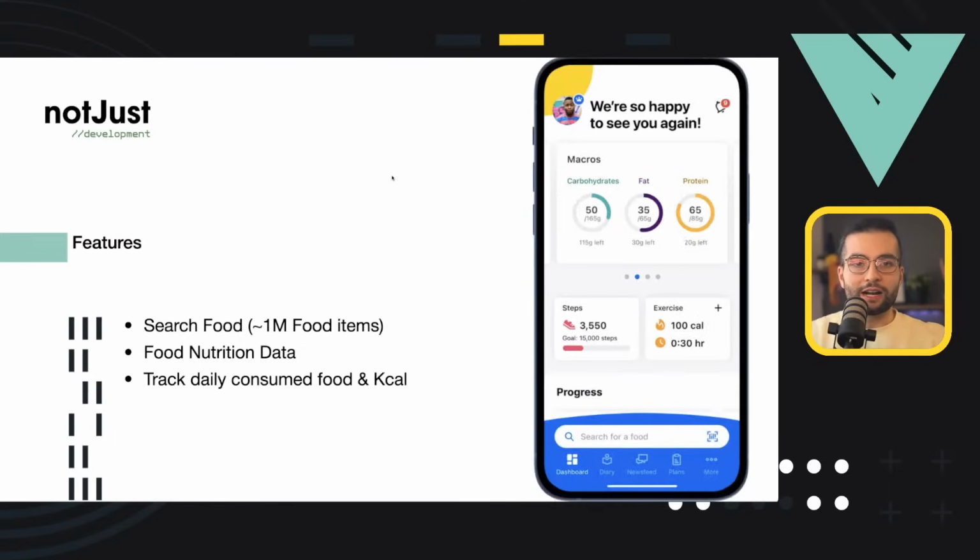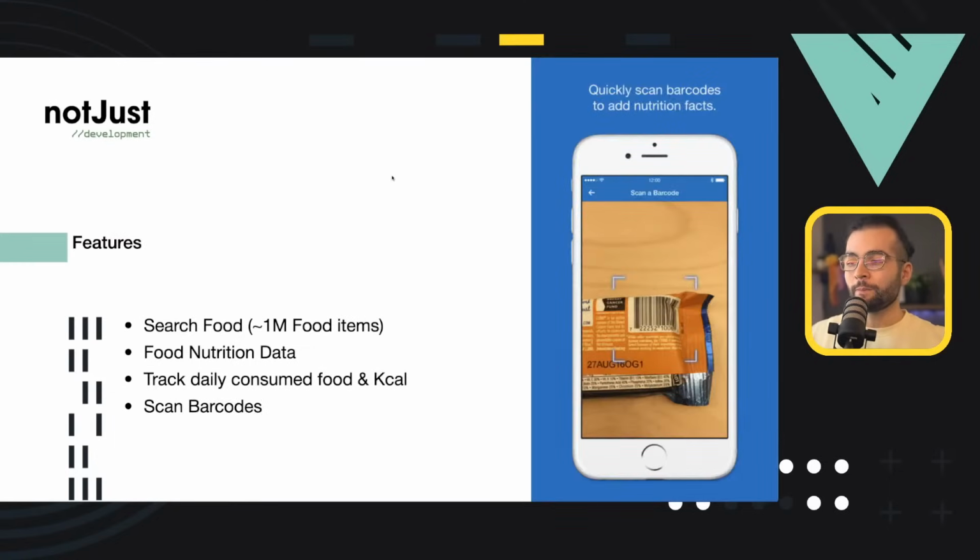We're going to be able to track the daily consumed food, and we're going to be able to scan barcodes to quickly add foods to our logger by the end of the tutorial. So if you are interested, stay tuned. We are just getting started.